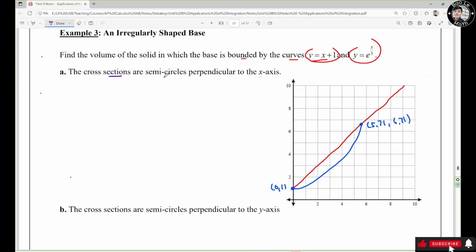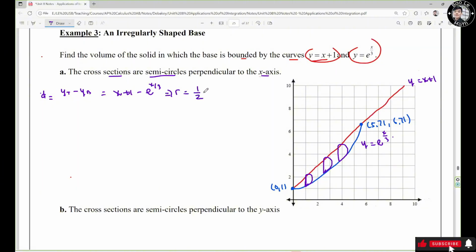Alright, question A. The cross sections are semicircles perpendicular to the axis, so we just draw the semicircle. It could be something like this. The diameter is the top subtract the bottom, so you have y top subtract y bottom. It's going to be s plus 1 subtract e raised to the s over 3. Now you need to find the radius, so you need to divide this one by 2.